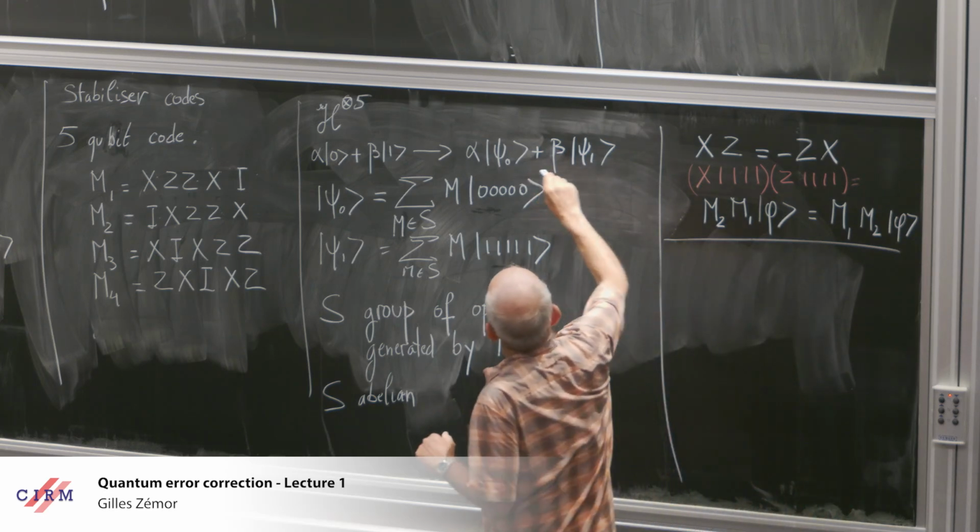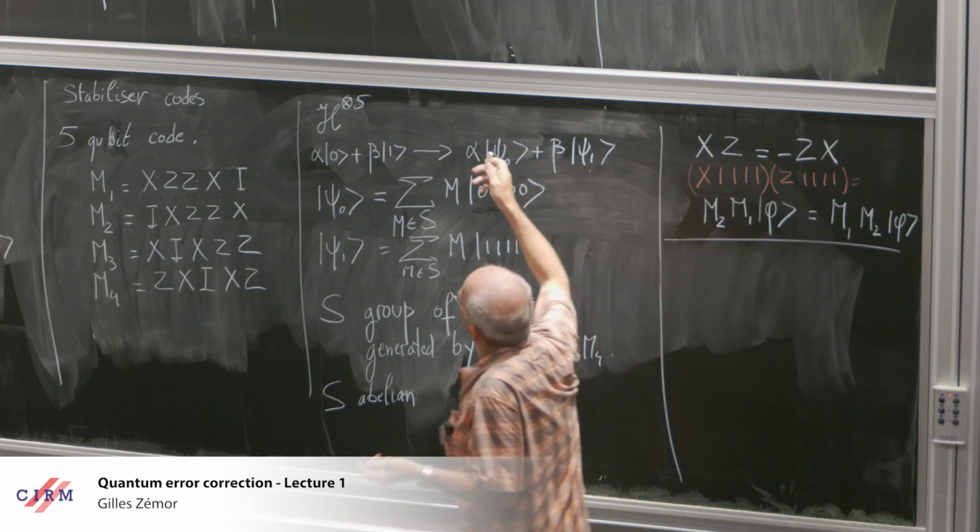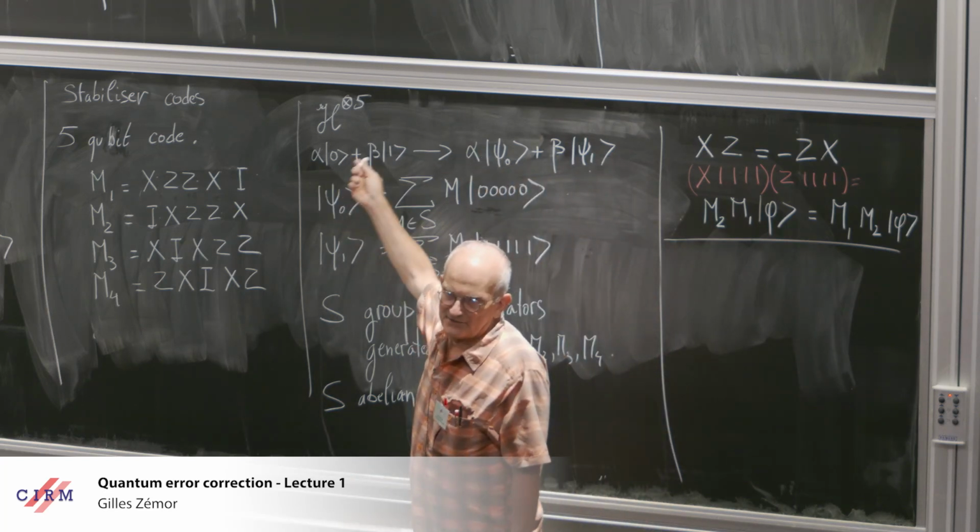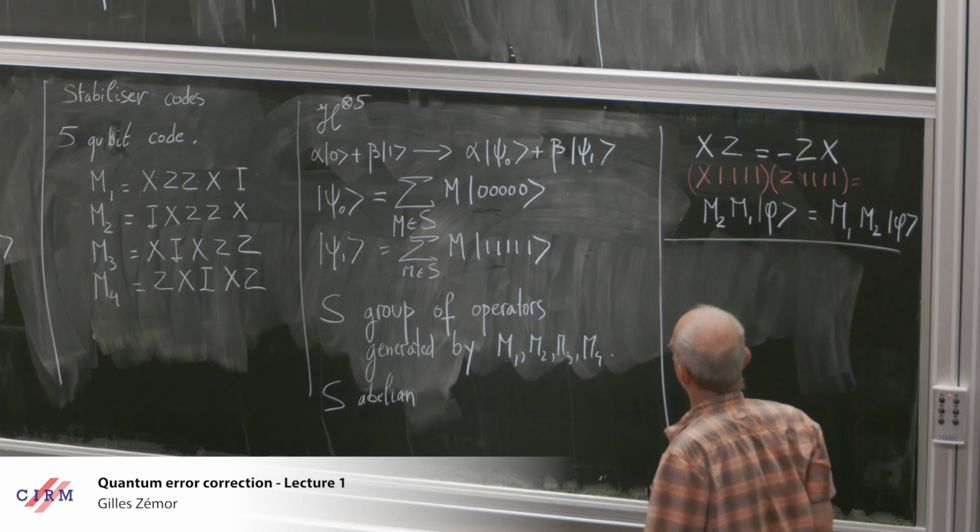So because psi 0 is orthogonal to psi 1, there's clearly a way of doing this transformation.